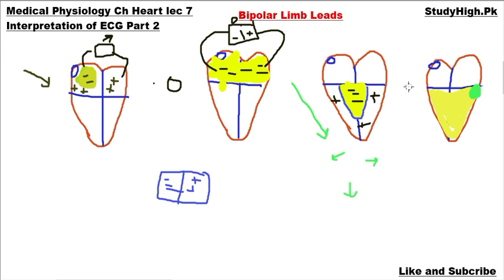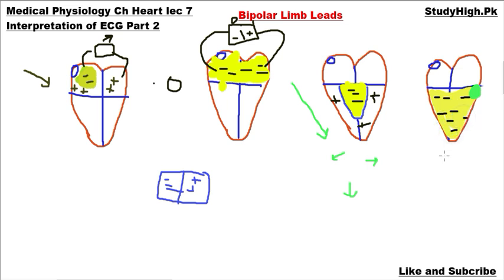The region that is depolarized last is the base of our left ventricle. So when all the ventricles are depolarized, there will be no vector, there will be zero potential, because all is in depolarized form.